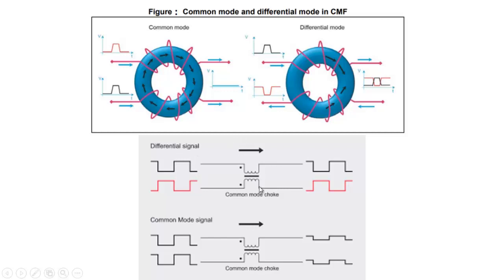This one is the common mode choke. This one is the differential signal noise. Then there is no action. This is the common mode choke, and this one is the common mode signal noise, and the signal noise is attenuated.